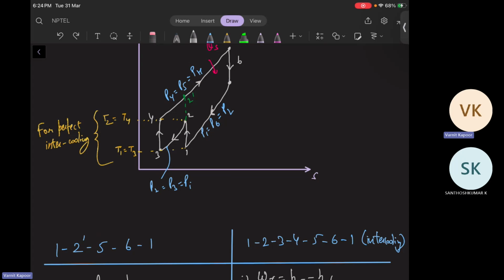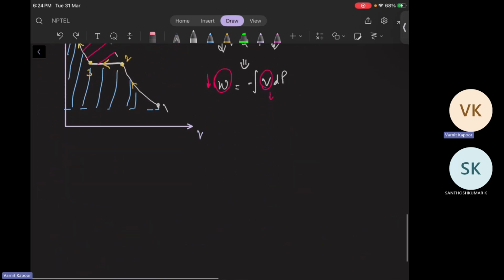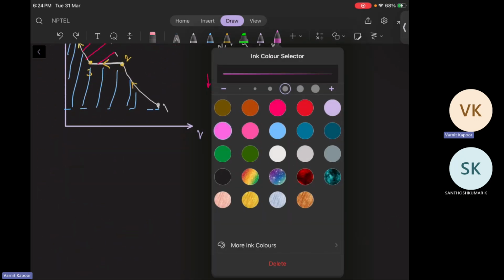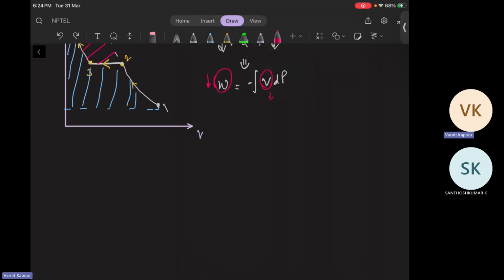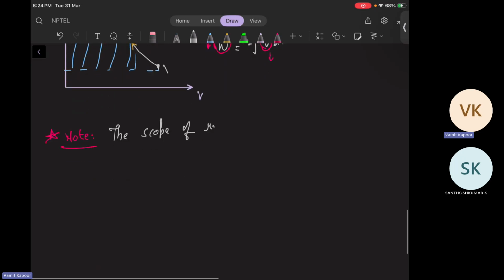All right, let me add one note here: as we did for the case of reheating, regeneration can be used here as well. Note, the scope of regeneration increases with the use of intercooling.